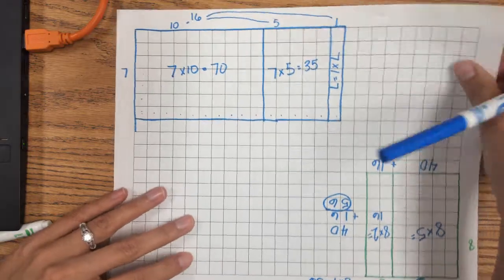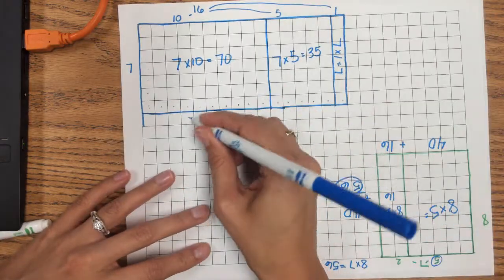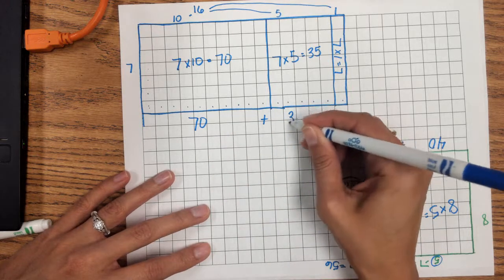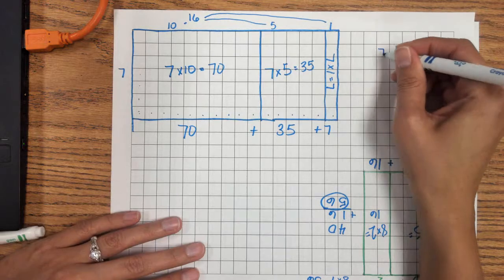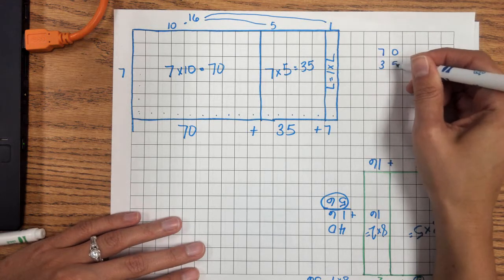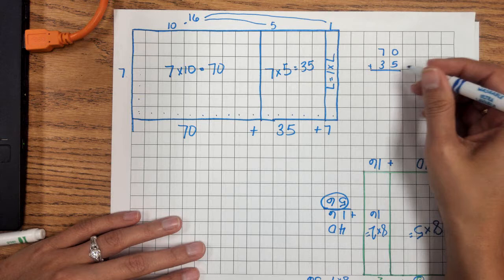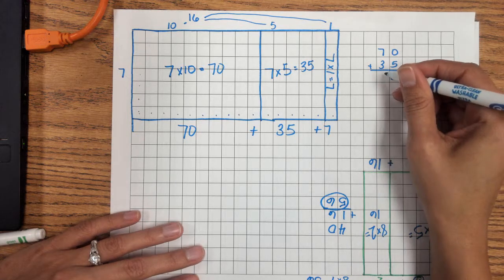So now you've taken 7 times 16, and you've broken it up into smaller chunks that you need to put back together. So in 3rd grade, we don't add more than 2 numbers together at a time. So they would need to add whichever 2 they want.